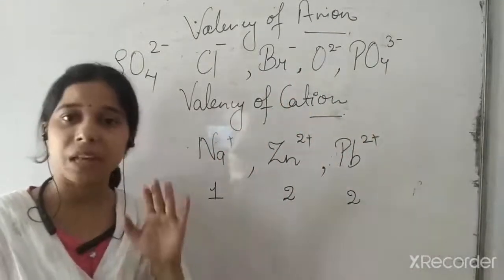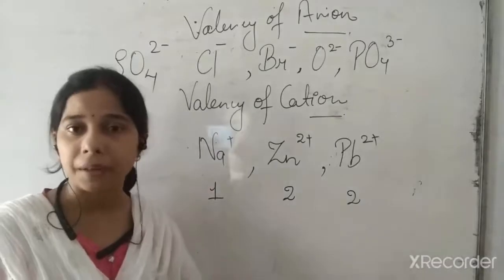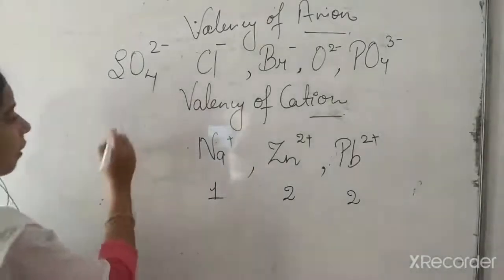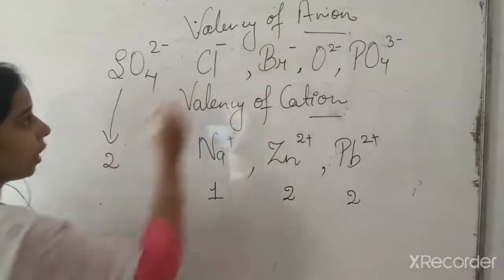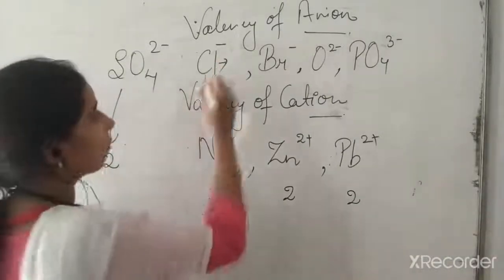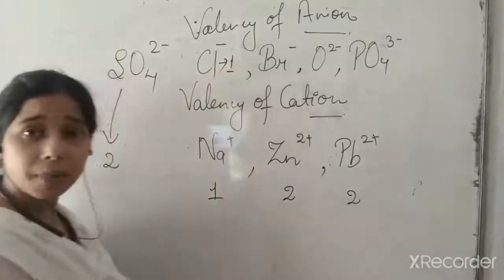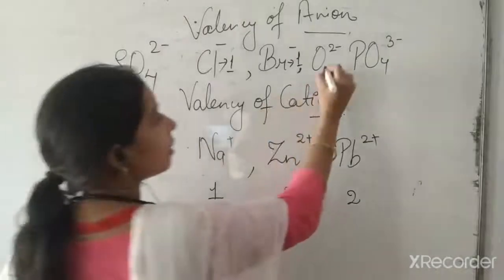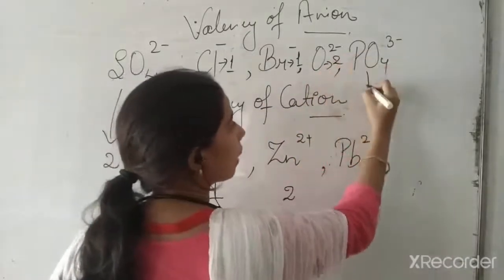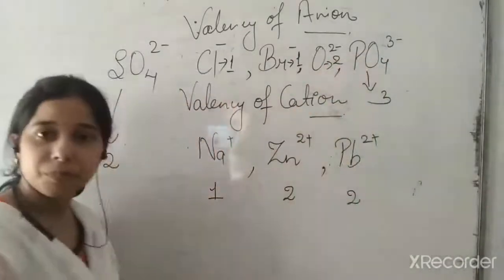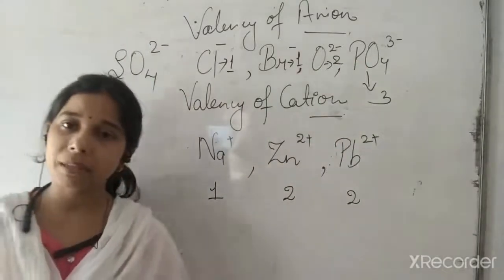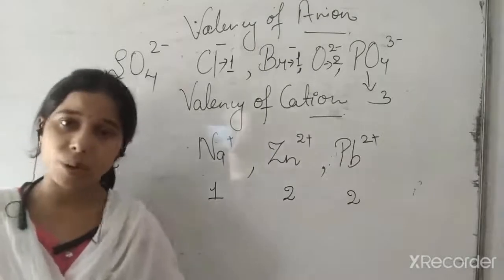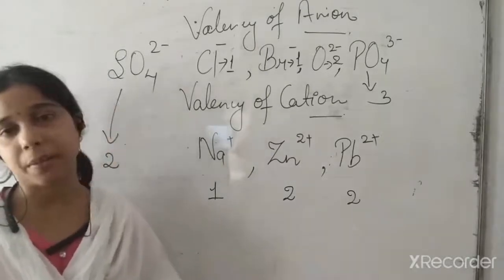So the charge given on the particular ion will determine the valency of that ion. The valency of sulfate will be 2. The valency of chlorine will be 1. The valency of bromine is also 1. The valency of oxygen is 2 and that of PO4 is 3. So basically, whatever charge is given on that particular anion or cation will determine the valency.